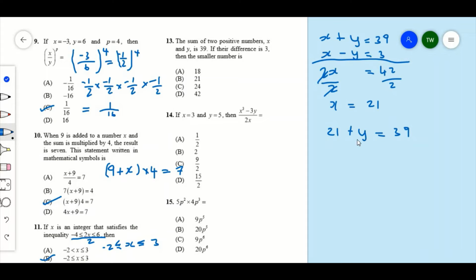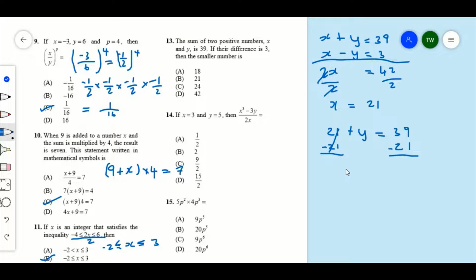In order to determine the value of y, we are going to subtract 21 from both sides. Clearly, positive 21 minus 21 is going to give us 0.